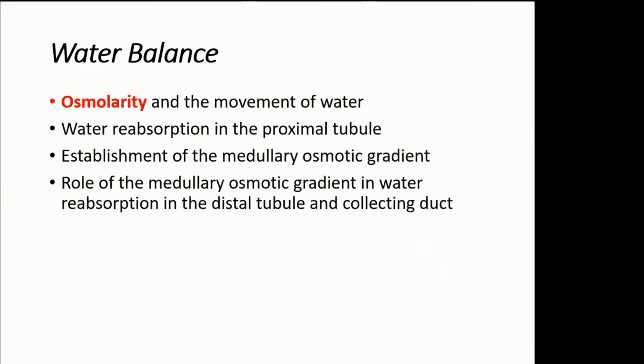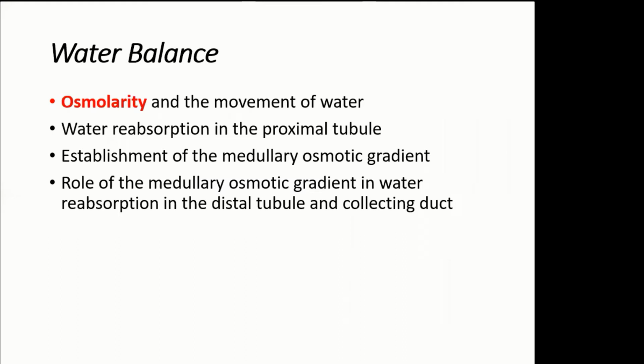Okay. So osmolarity is tied to the movement of water and the movement of solutes, because we remember that when something has a high osmolarity, it really means it's pulling water towards it because of a high concentration of impermeable solutes.